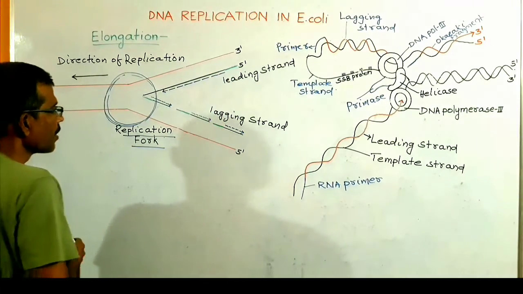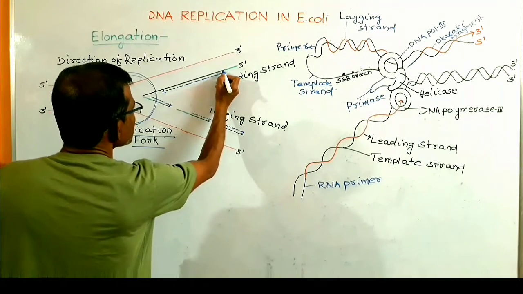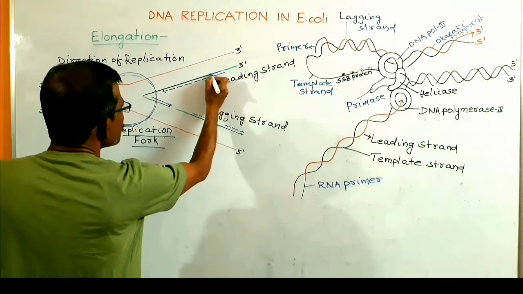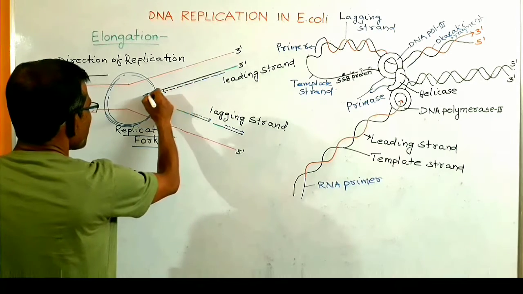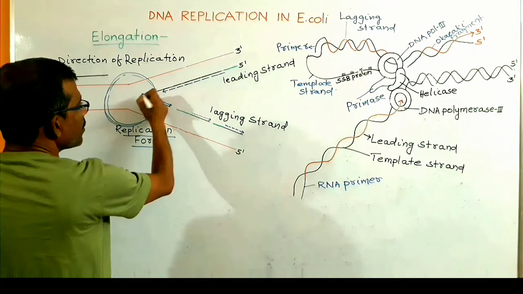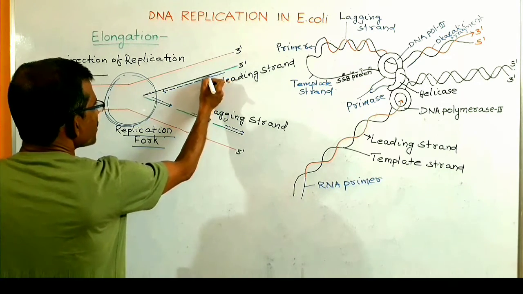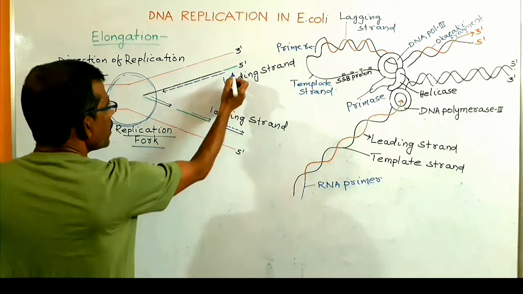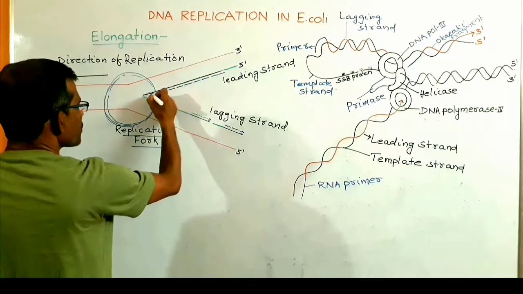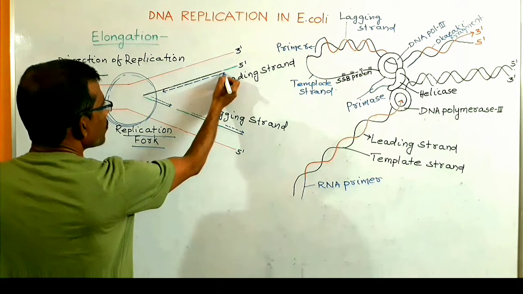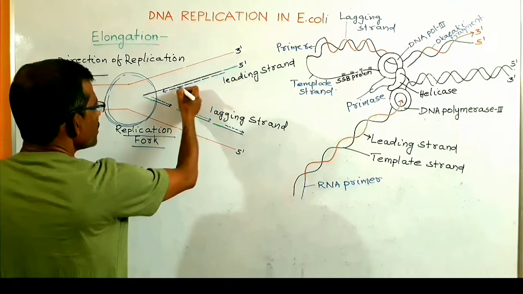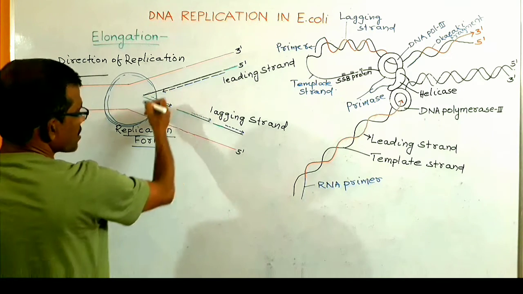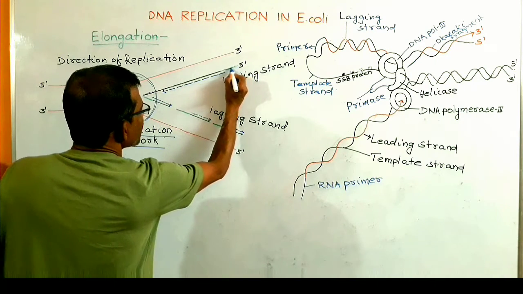Let us see. Friends, during the synthesis of this new complementary strand, direction is not a problem, because this new strand is synthesized continuously in a hassle-free manner in 5' to 3' direction. So the synthesis of this new strand is a straightforward process. This is the RNA primer.